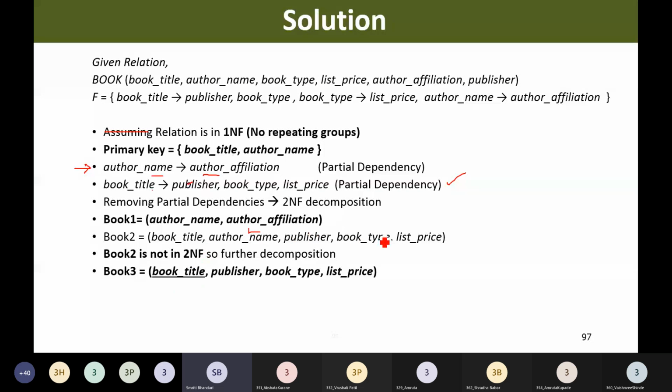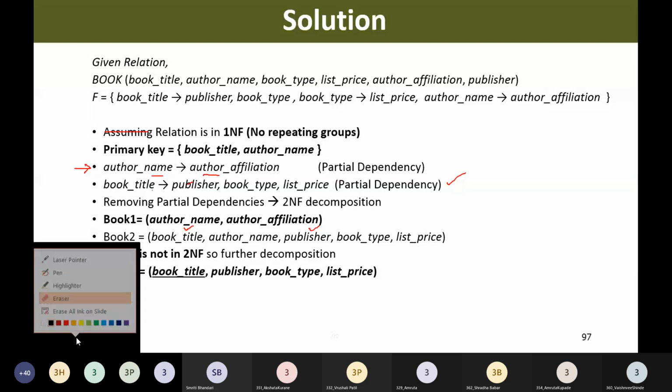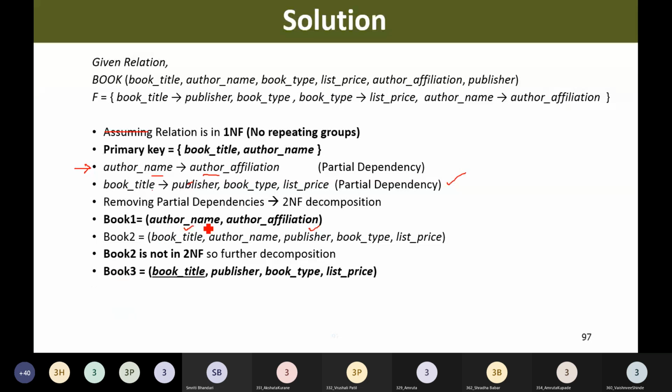And in the other table, what will we have? Out of these, I have used book title, publisher, book type and list price. So what remains?